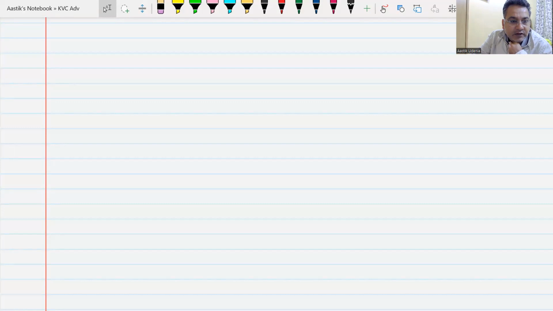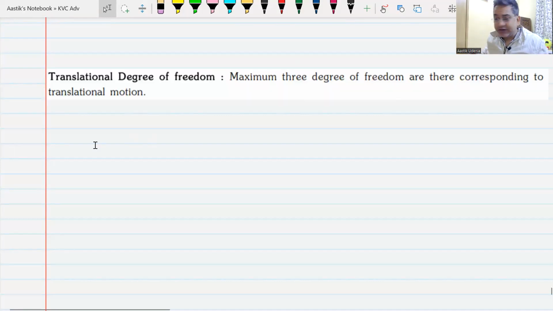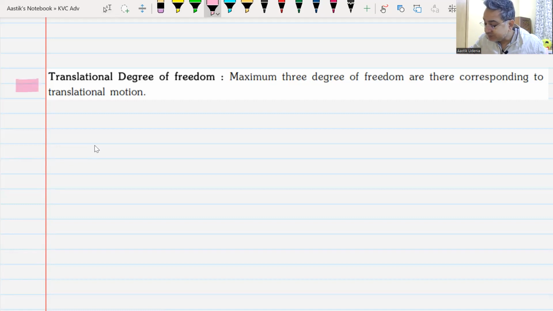So, let's move ahead. Now, remember, whenever we talk about translational degrees of freedom, for a gas molecule, all gas molecules, whether they are atoms, monatomic gases, or diatomic gases, will have 3 translational degrees of freedom, because they can move along all 3 axes: x, y, and z. Do we understand this? Yes, sir.